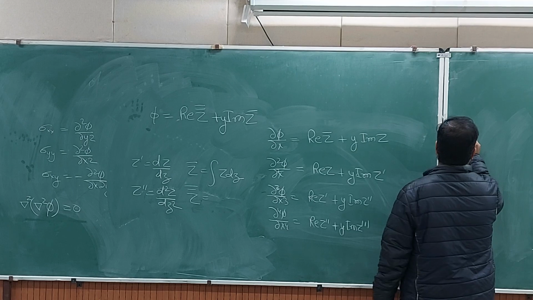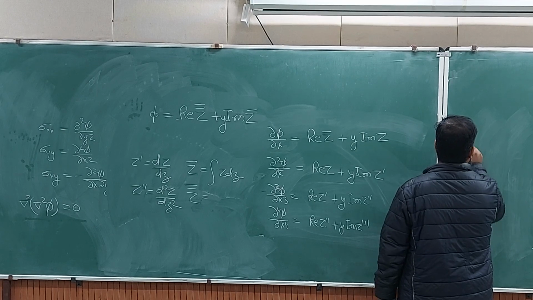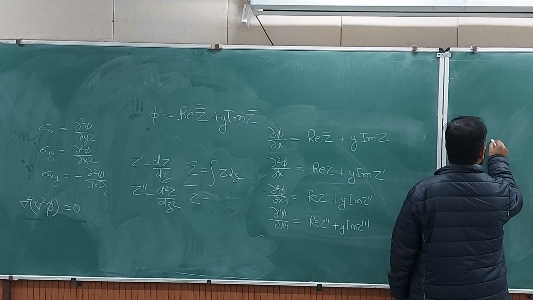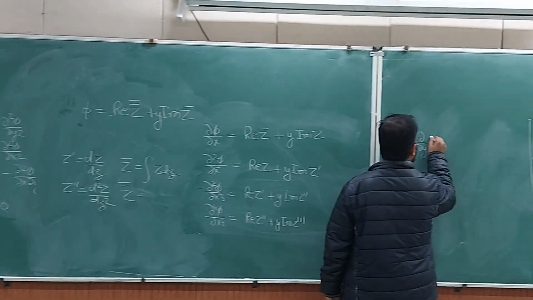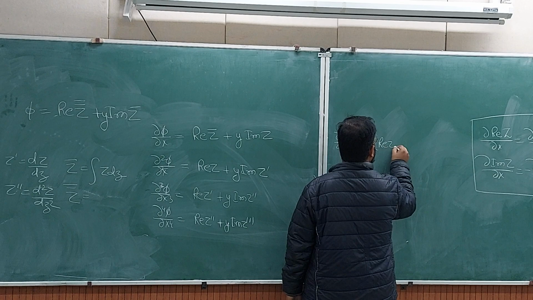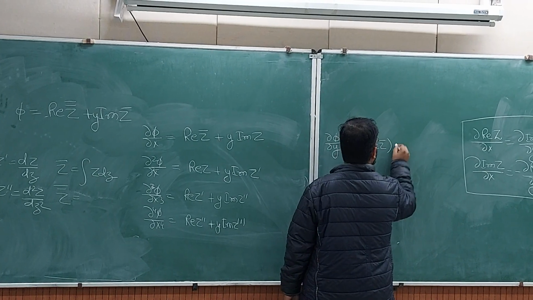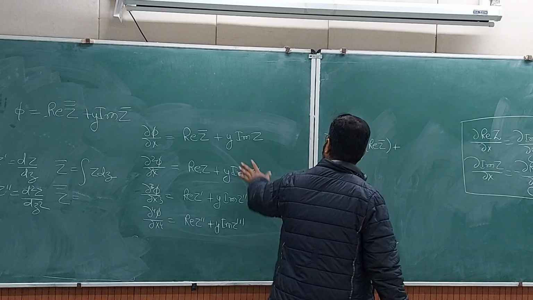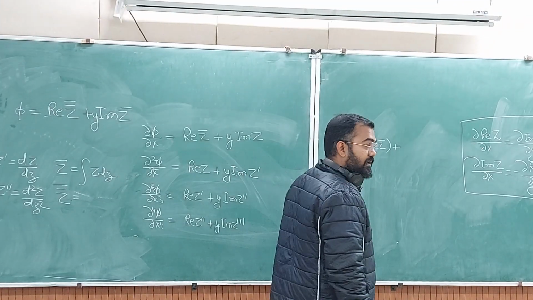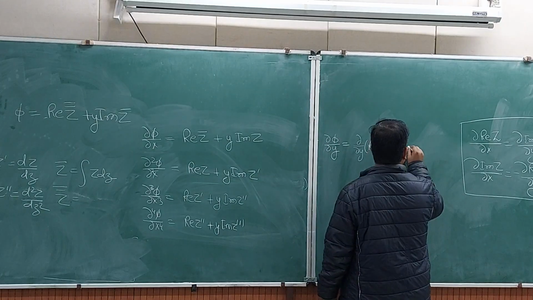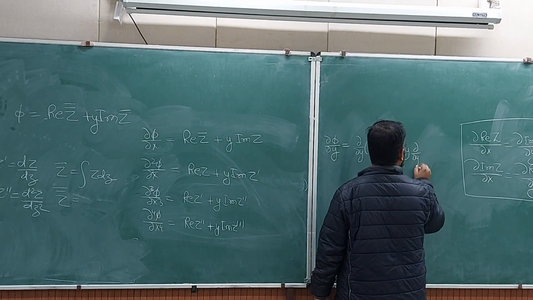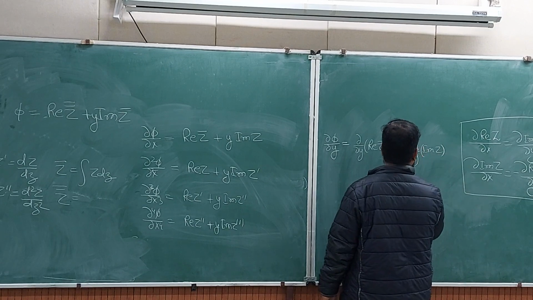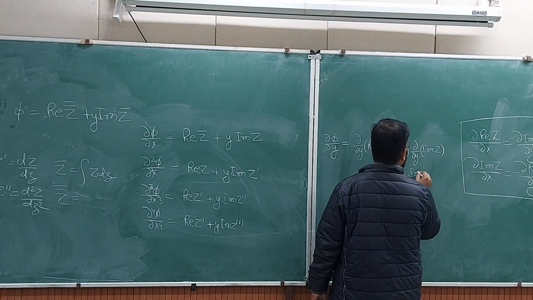So del phi will be equal to del of del y, the real part of z bar, plus... Now here we have a problem because we have y also. So we will have y del of del y of imaginary part of z bar.